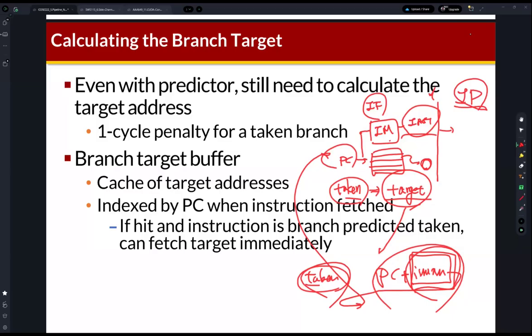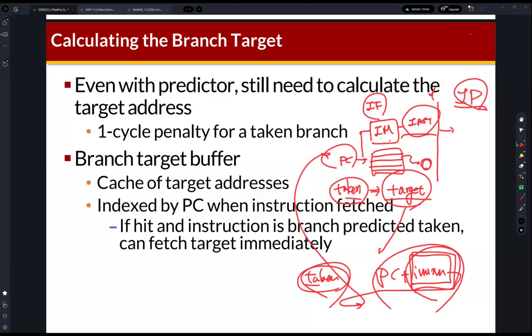So what's the problem? Even though we can predict the result of a branch instruction early, in the instruction fetch stage, even if the branch is taken, we don't know the target of the branch instruction. So how can you solve this issue?